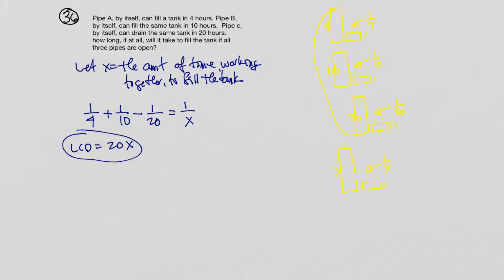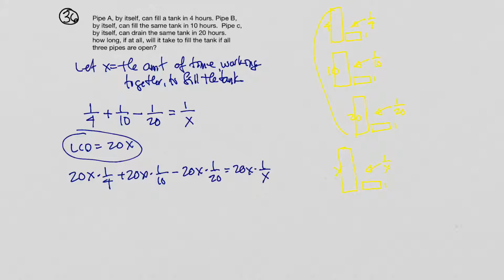Write the LCD in front of every one of the original 4 terms. So it's going to look like this: 20x times 1/4 plus 20x times 1/10 minus 20x times 1/20 equals 20x times 1/x.